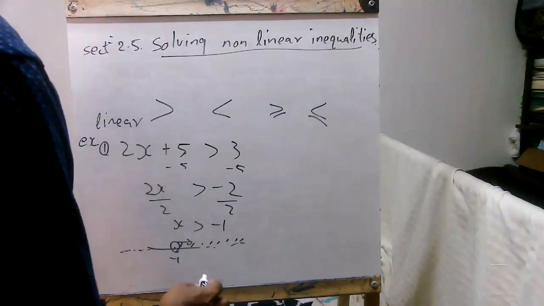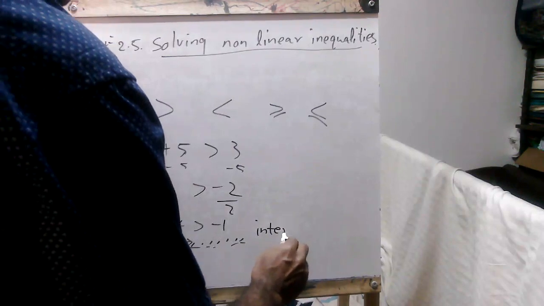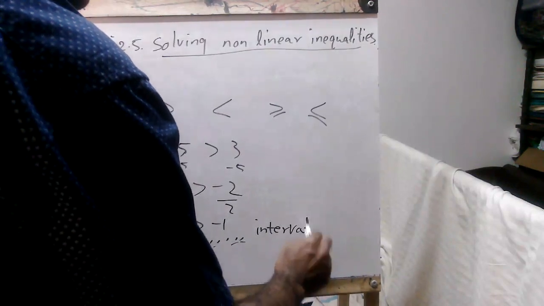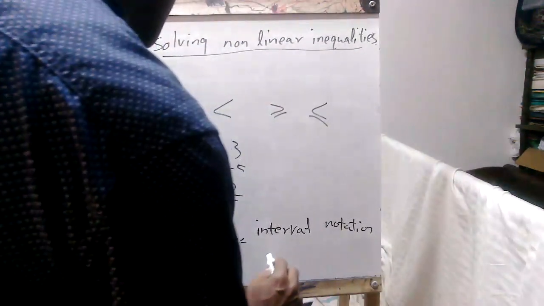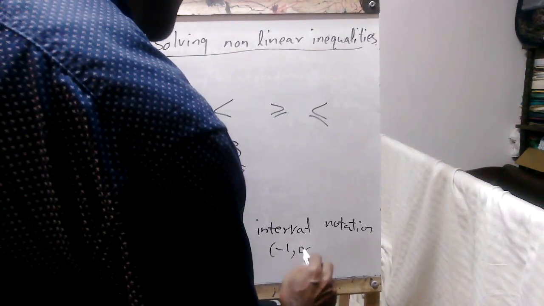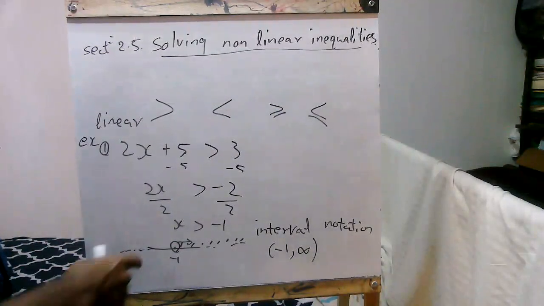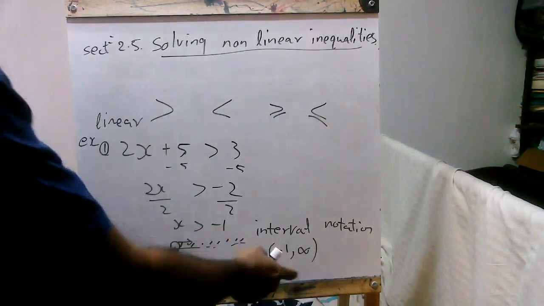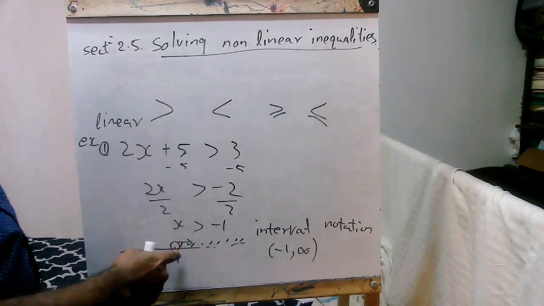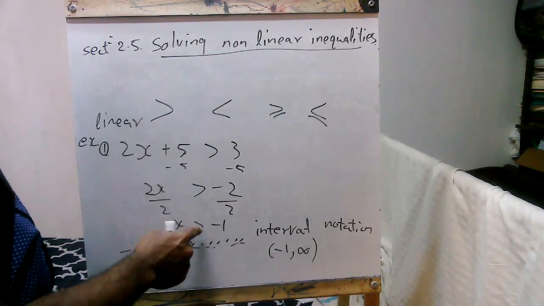So if you write it in interval notation, this is negative 1 to infinity, right? So this is the answer in interval notation. This is not included because x is greater than.